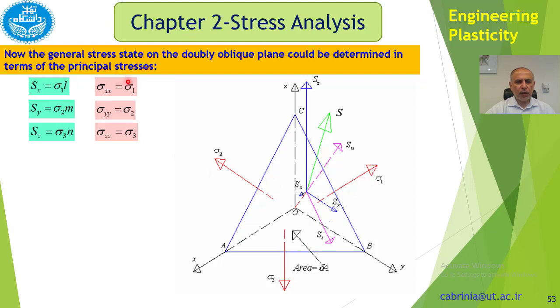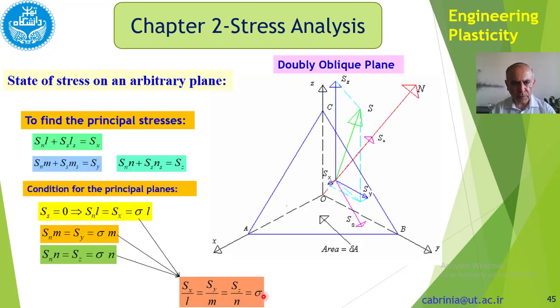Okay, so we get back these relationships from previous slides. Here I've come back to this slide to show you why we are putting Sx equal to sigma times L. If you remember, we said that principal planes are the ones on which the shear stress is 0. So in these equations, remember what these were.